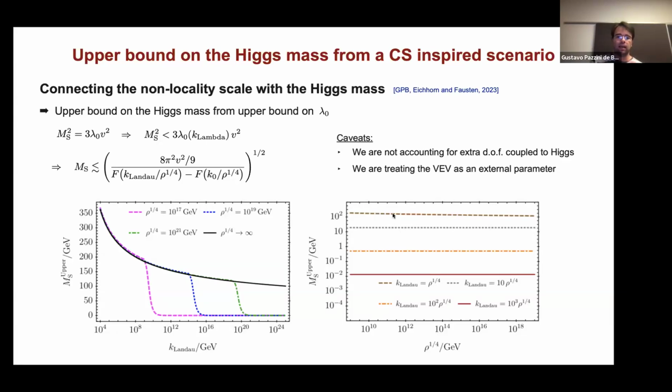And since we want the upper bound on the Higgs mass to be of the order of magnitude of 100 GeV, the only possible ratio between the Landau pole scale and the non-locality scale is the one at the top, where we have ratio 1.